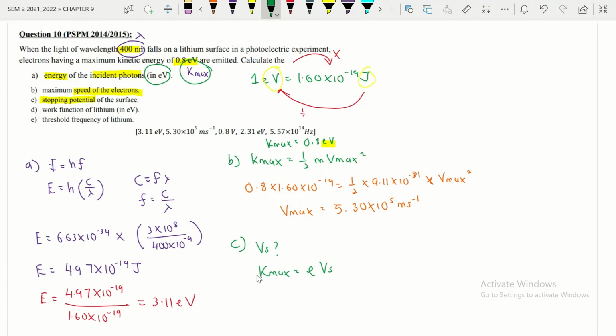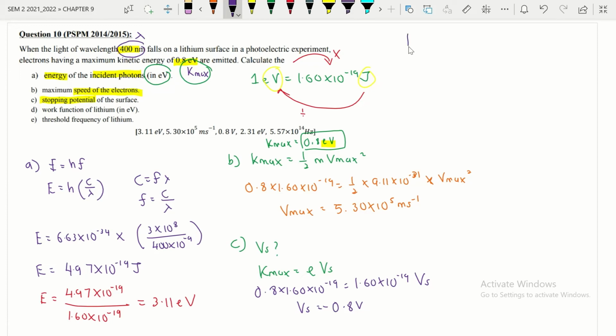We already know our maximum kinetic energy, which is 0.8 electron volt, but we have to convert it to joule. Remember to convert it into joule. The electron charge is 1.6 times 10 to the power of negative 19, and you will have your stopping potential. So the stopping potential is 0.8 volt, and you have to put negative because it is the stopping potential.